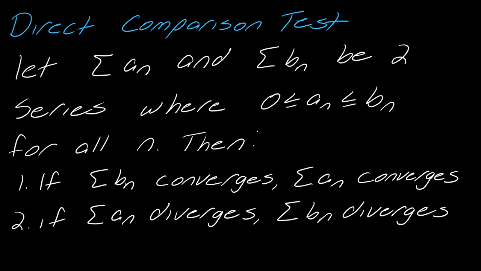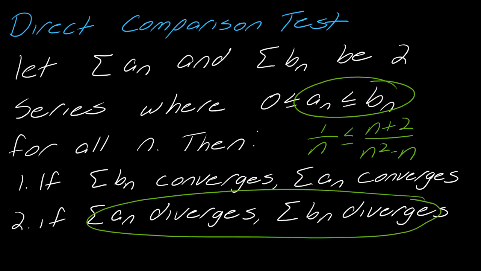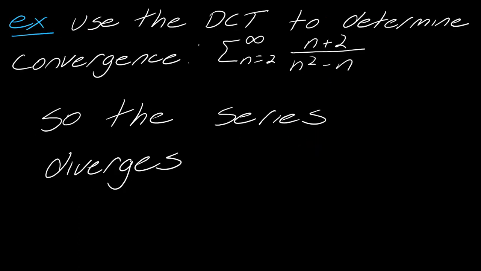Remember, it's all about this order: 1 over n is less than or equal to n plus 2 over n squared minus n. So by the direct comparison test, since this diverges, then this diverges. We've just proven that the series in question diverges. So that's how you can use them.